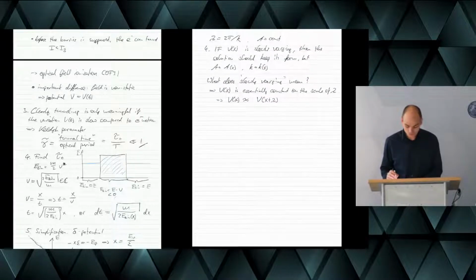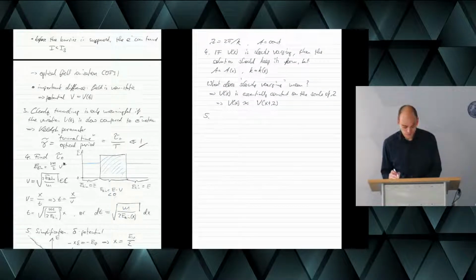However, what we're interested in is the tunneling region. This works analogously in the tunneling region.